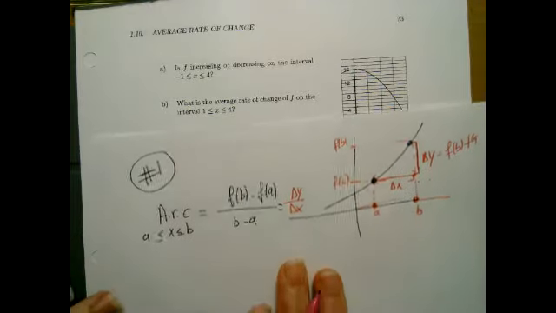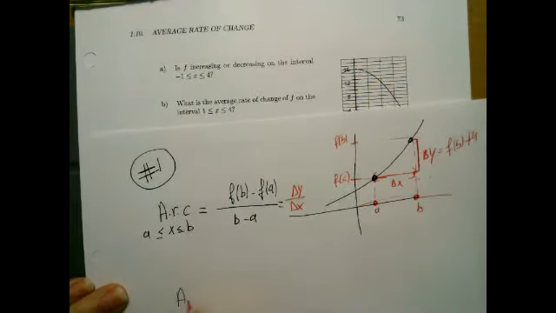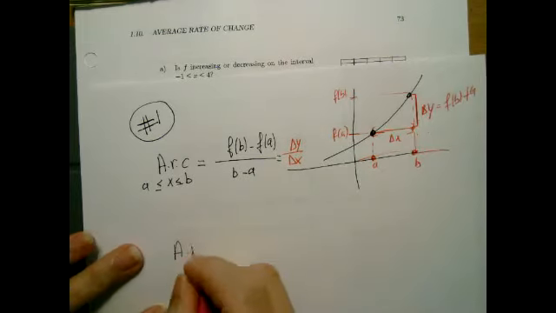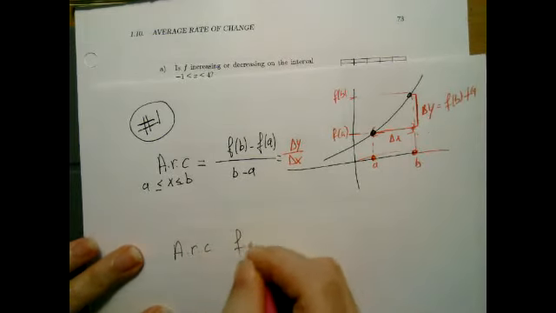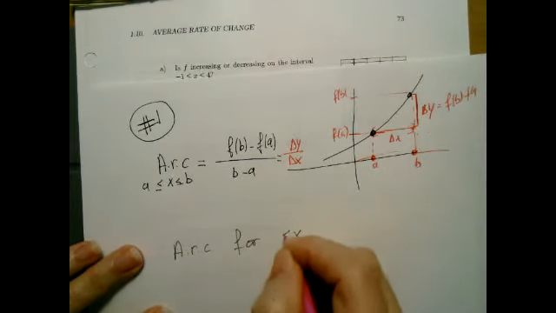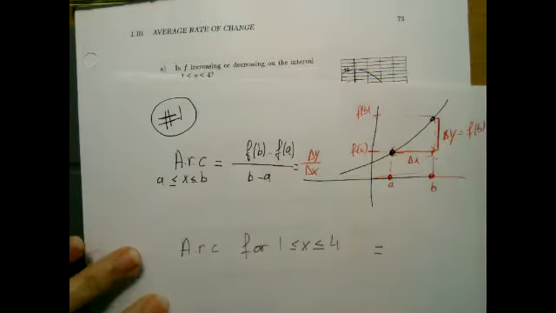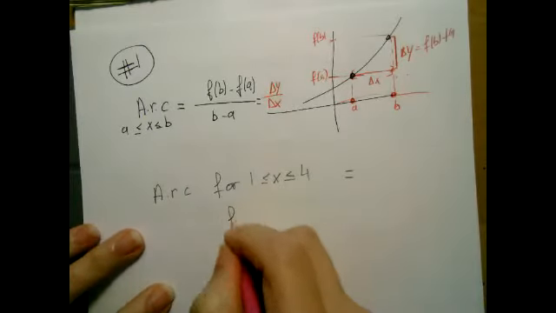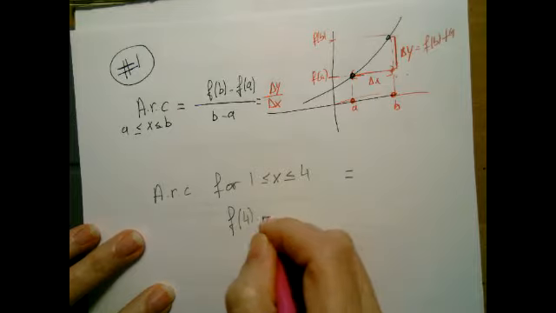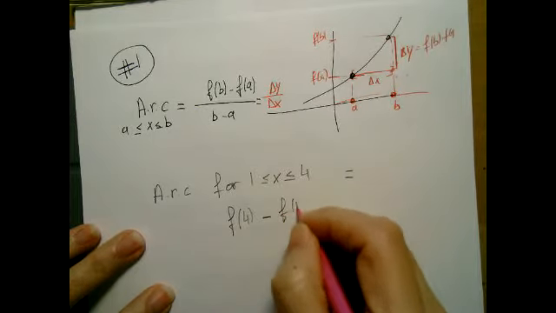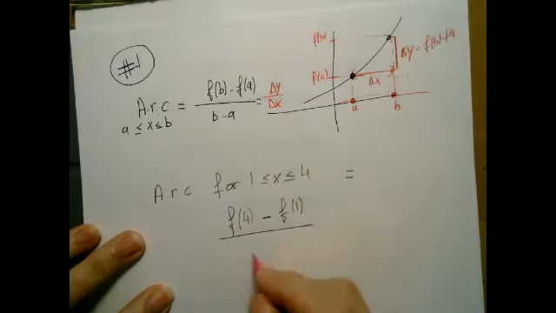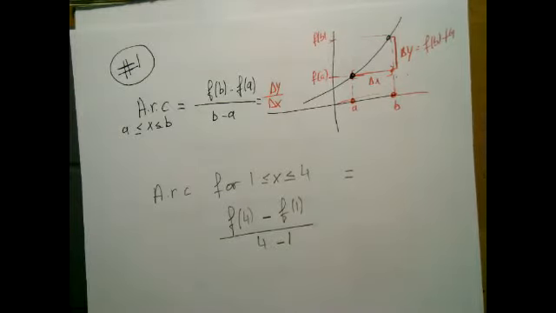The average rate for x between 1 and 4 is equal to the value of the function at 4 minus its value at 1, over 4 minus 1. Okay, so that's the formula.